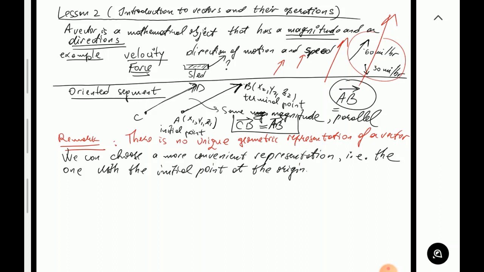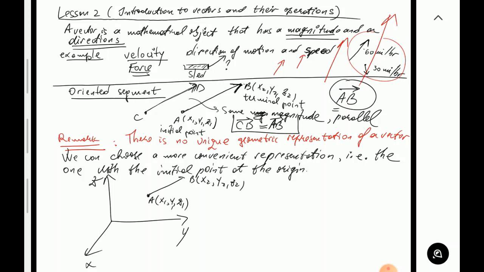So what that means is, let's sketch our coordinate system here, x, y, z, and let's say my vector AB is over here. Let's say, as before, x1, y1, z1 is the initial point, and x2, y2, z2 is the terminal point.